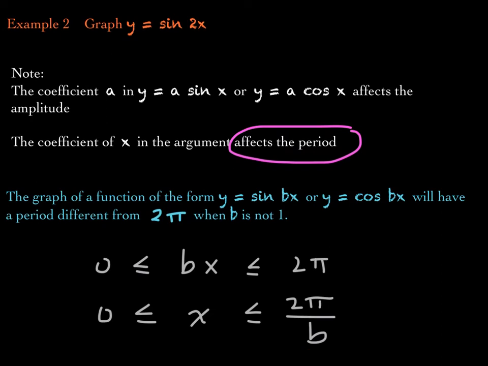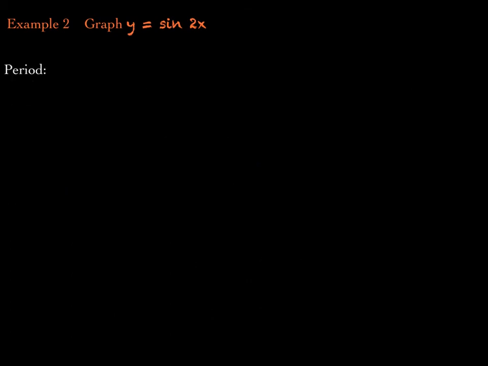So let's use this information to graph the function that's been given to us, y equals sine of 2x. Now, the first thing I like to do many times is to determine the period. We just discovered that for sine and cosine, the period will always be 2 pi divided by b. In this particular example, your b value is 2, right? It's right here.